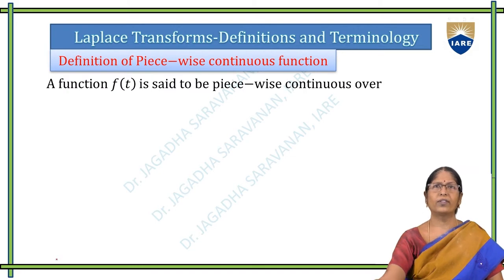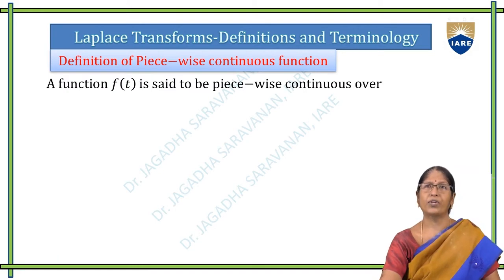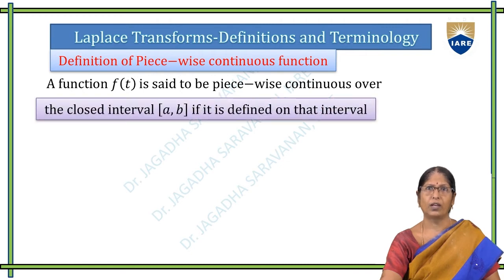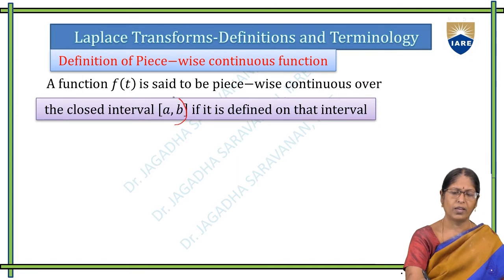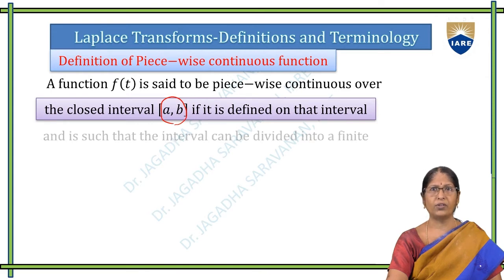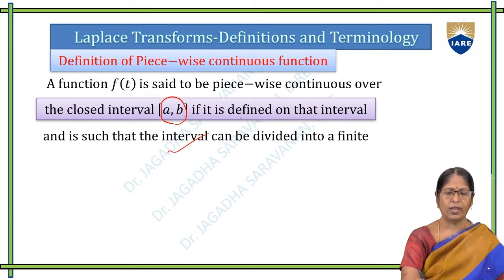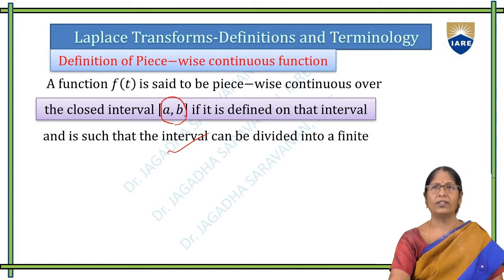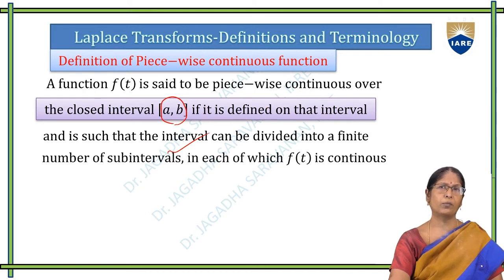Now a function f of t is said to be piecewise continuous over the closed interval a comma b if it is defined on that interval and the interval can be divided into a finite number of sub-intervals.